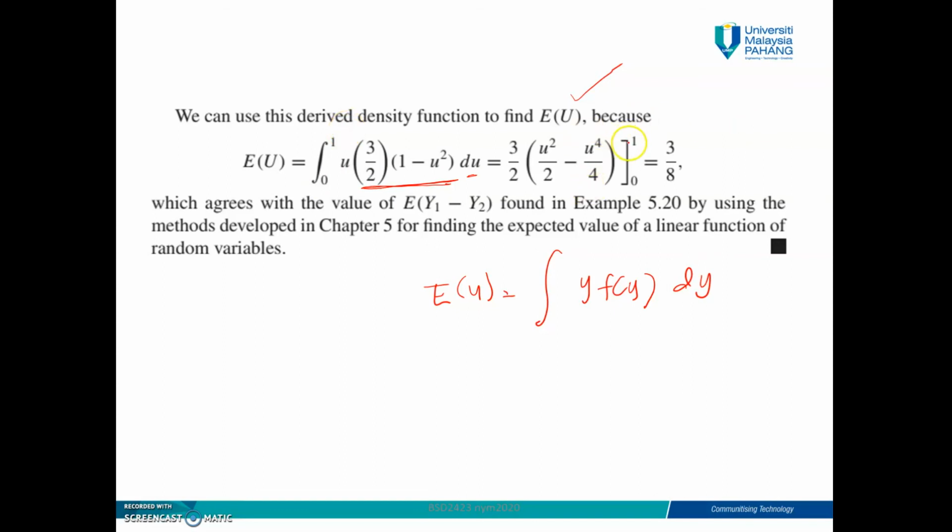Integrate as usual, and you get 3 over 8, which agrees with the value of expected y1 minus y2 found in example 5.20. You can check that you get the same value.